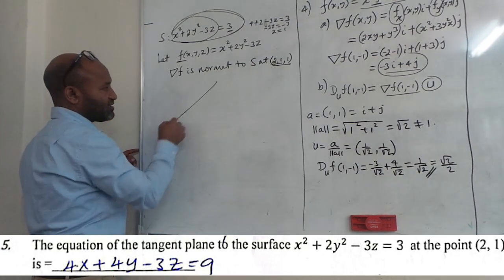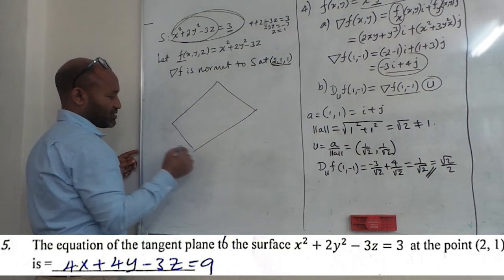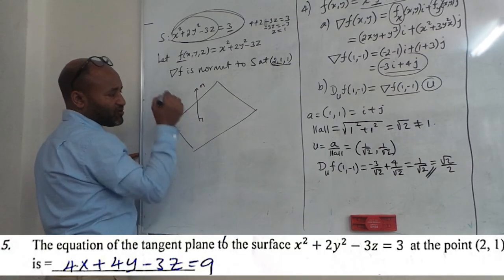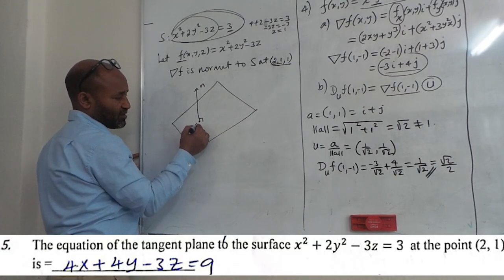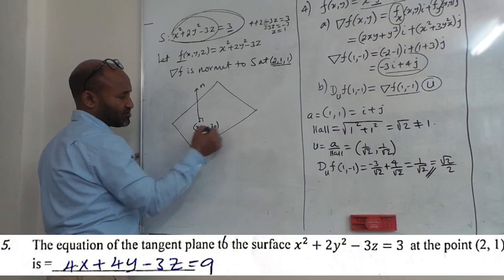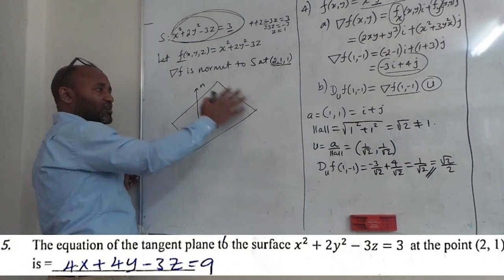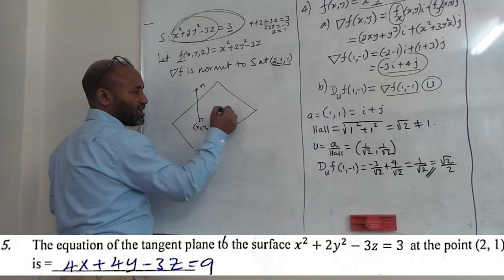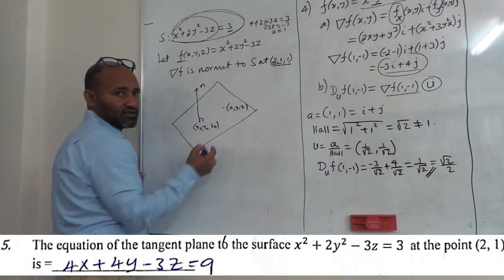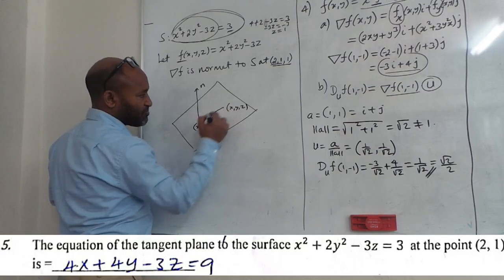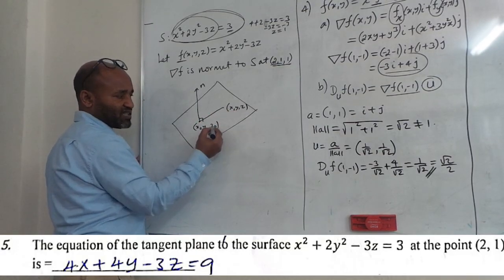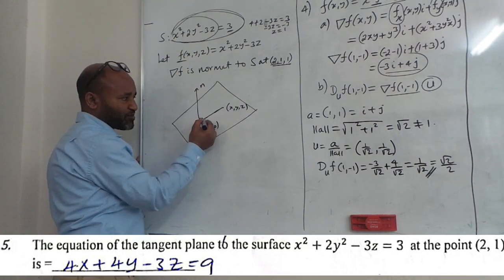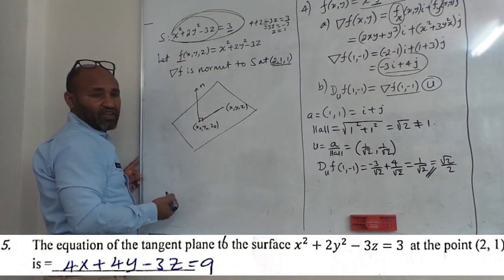To find the equation of a plane, always, let me revise this point: whenever you have a normal vector n and one point x naught, y naught, z naught on the plane in space, then to get the equation of the plane, we take a point x, y, z that represents every point on the plane. Then on the plane we have the vector x, y, z minus x naught, y naught, z naught. n is perpendicular to the surface, meaning it's perpendicular to the vector.